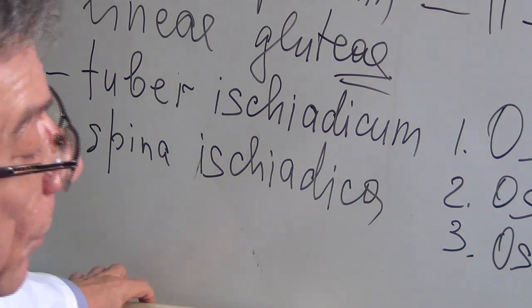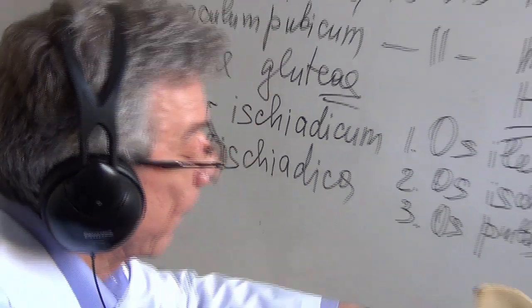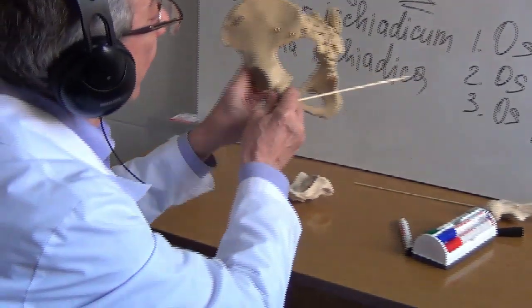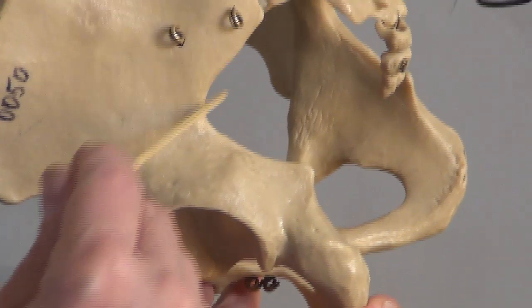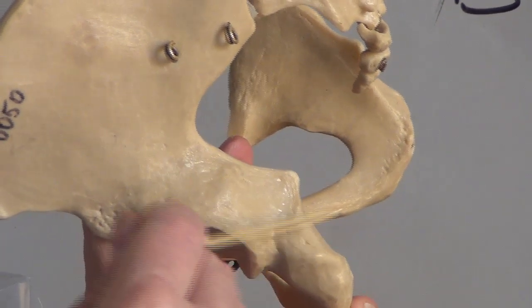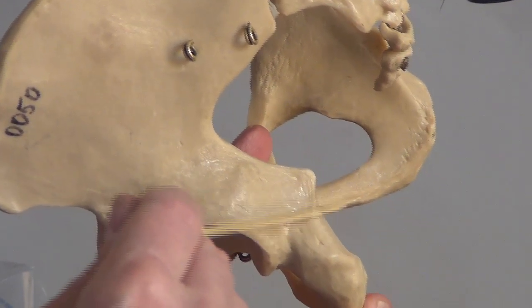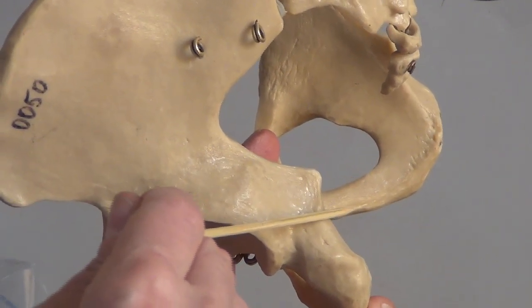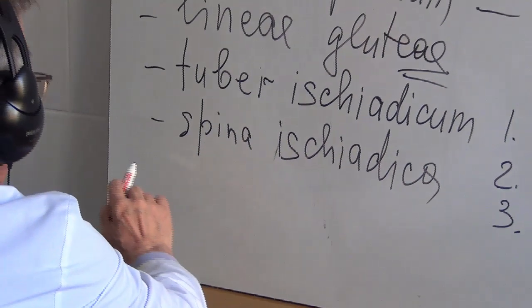And close to it, there are two adjacent notches, incisura ischiadica major and incisura ischiadica minor.